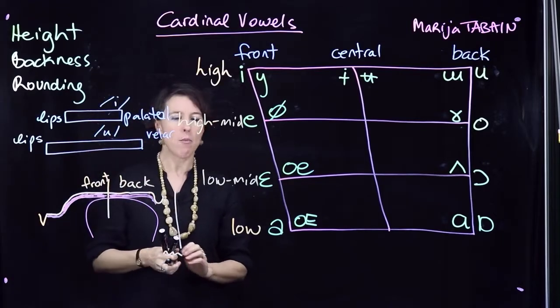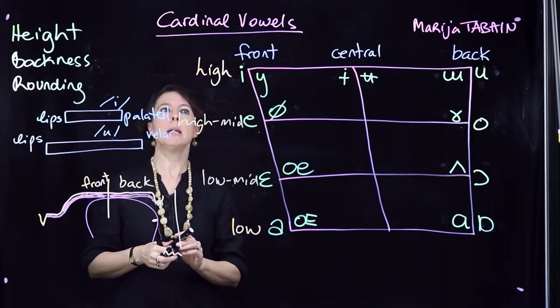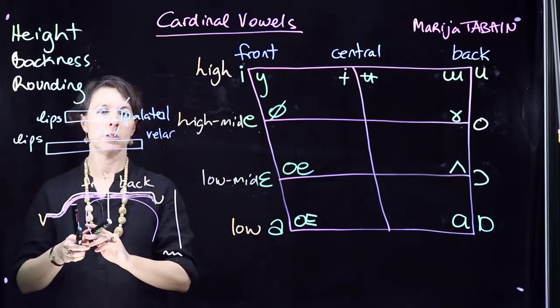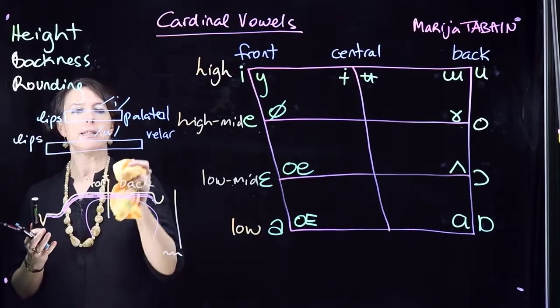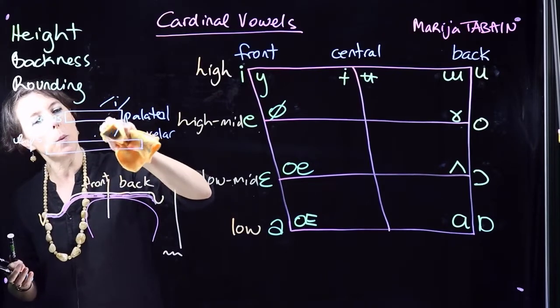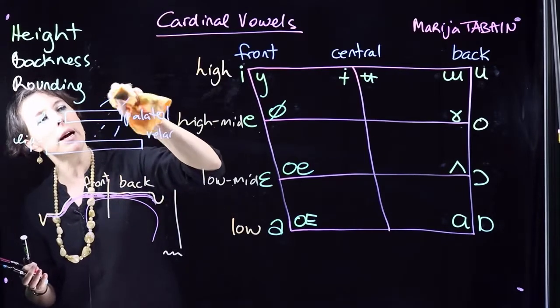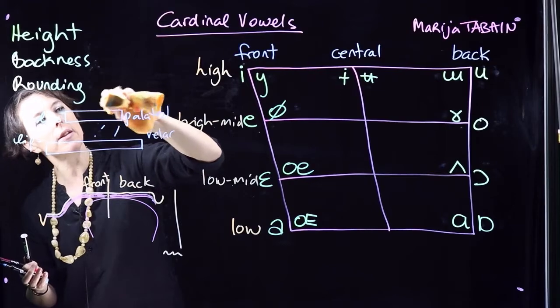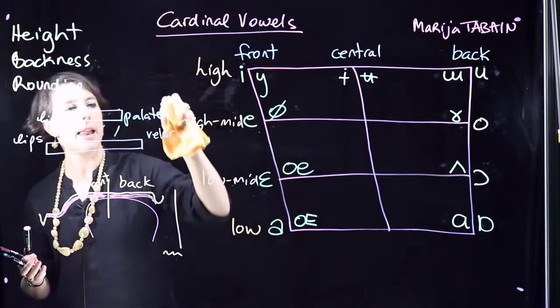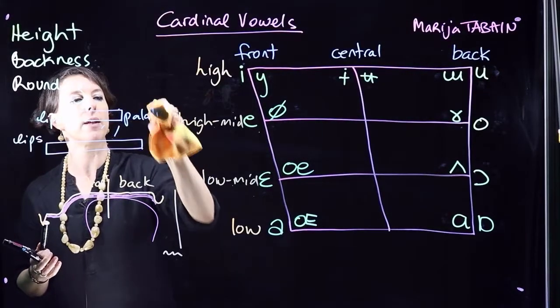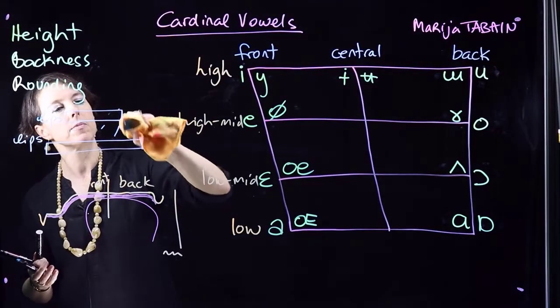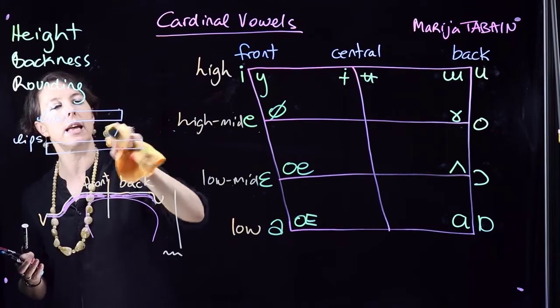I'm running out of space a little bit, so I'll rub this out. Now let's deal with what happens if we change to secondary cardinal vowels. In that case, I'll rub out palatal and velar, and I'll change that. We'll keep our lips there. I'll see if I can do this accurately.